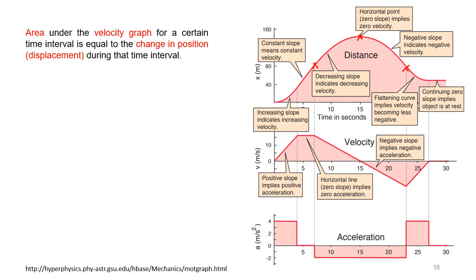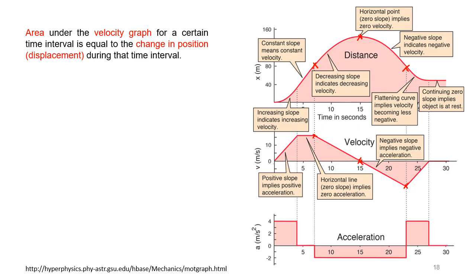So how the velocity is changing, you can see here the slope is decreasing. Slope is decreasing, so that means the value of velocity is decreasing. You see the velocity is decreasing to zero, from here to here, and then it reaches zero and then it reaches a negative value.